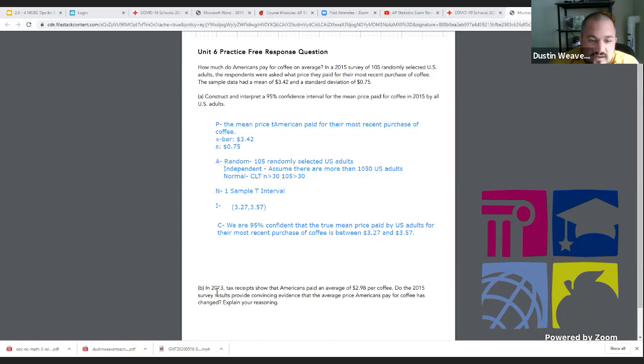Part B says in 2013, tax receipts show that Americans paid an average of $2.98 per coffee. Do the 2015 survey results provide convincing evidence that the average price Americans pay for coffee has changed? And we would say in this problem, yes. In 2015, we are 95% confident that the average price paid is between $3.27 and $3.57 because $2.98 is not in that interval.